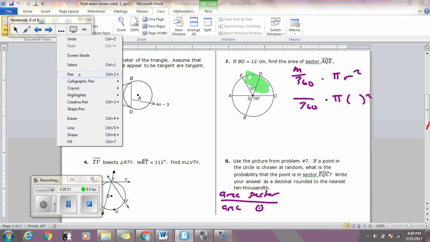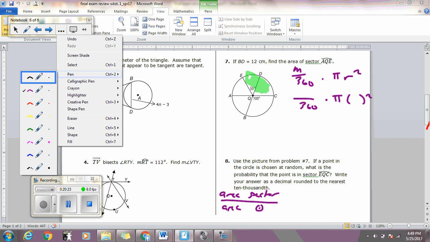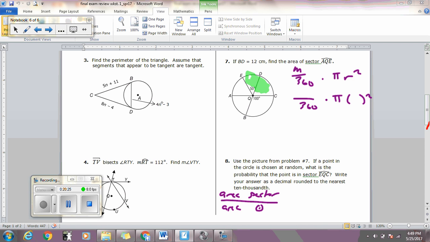So the measure of this angle, well, remember there was 80 degrees up here from earlier, and this 80 together with the 50 would make 130. Our radius is still going to be 6 because it said use the same information as before. So when you put this in the calculator in terms of pi, you would get 13 pi.